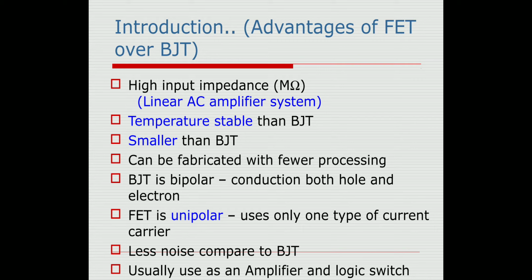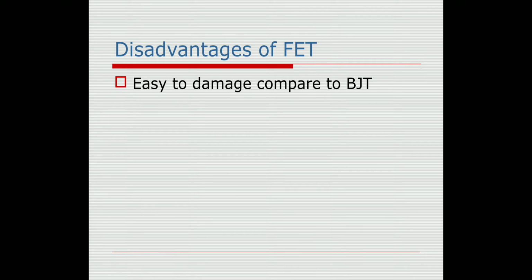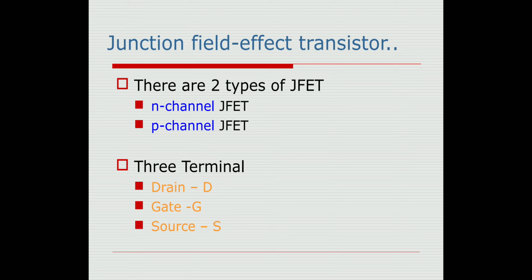Either electrons in N channel or holes in P channel. Then it has less noise compared to BJT and usually it is used as an amplifier and logic switch. What are the disadvantages? It can be damaged easily compared to BJT.